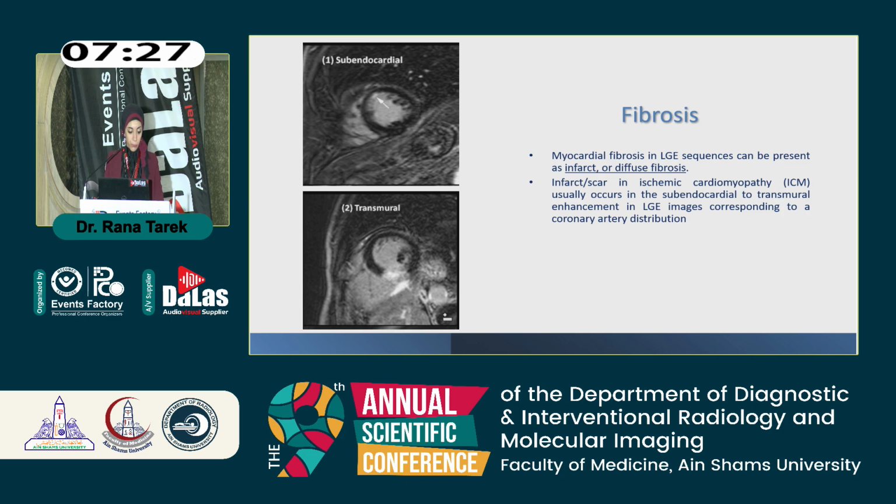I will show you with the laser pointer. This is a subendocardial scar, which indicates viability of the affected segment if it does not exceed 50% of the transmural thickness. And this is a transmural scar, which indicates non-viability of this segment, and it is territorial, as we can see.